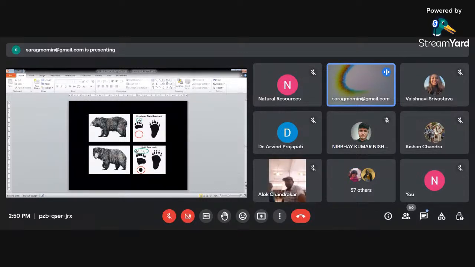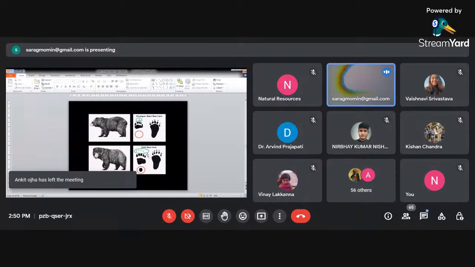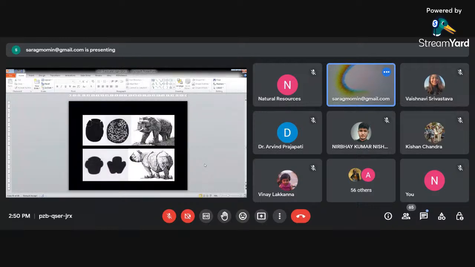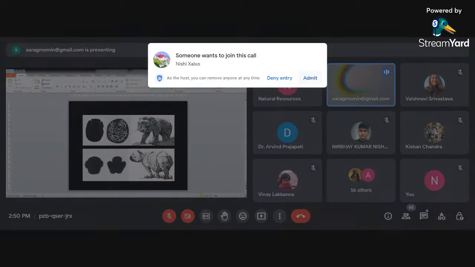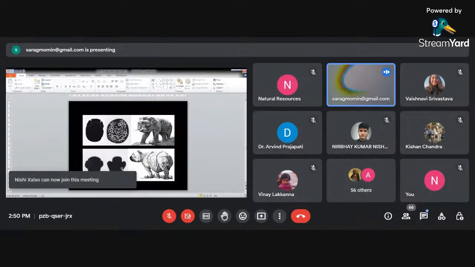But in the case of the sloth bear, no such trend you can find. So by checking the paw mark as well as the nail mark, you can easily distinguish the track mark between the Himalayan black bear and the sloth bear. This is the track mark of the elephant, front leg and hind leg. This is the track mark of the rhinoceros, front leg and hind leg.